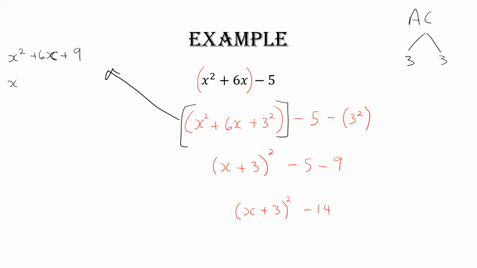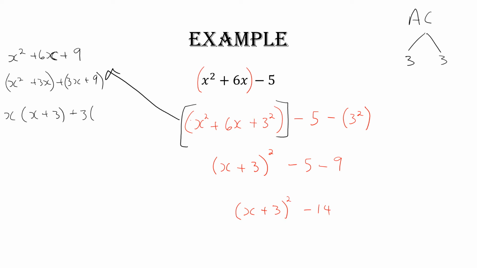So we have x squared plus 3x plus 3x plus 9. And then I factorize by grouping. And in this bracket here, my common factor is x. So I will have inside here x plus 3. And in the next bracket, my common factor, HCF, will be 3.